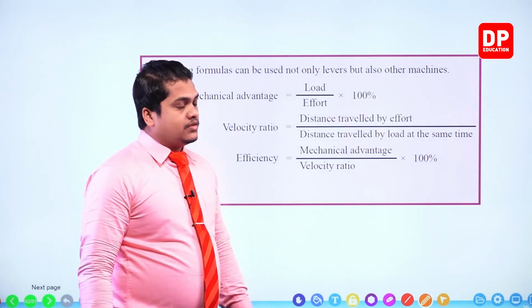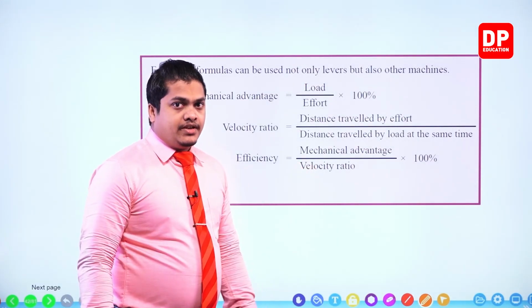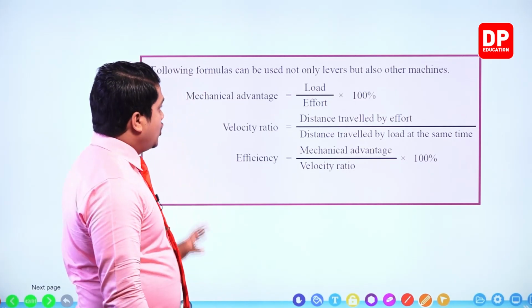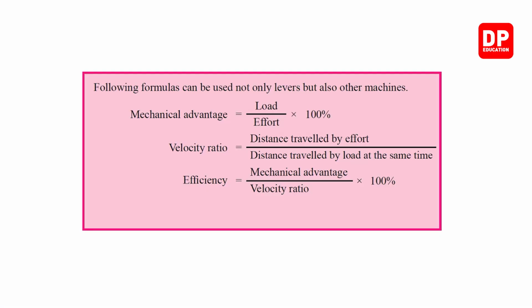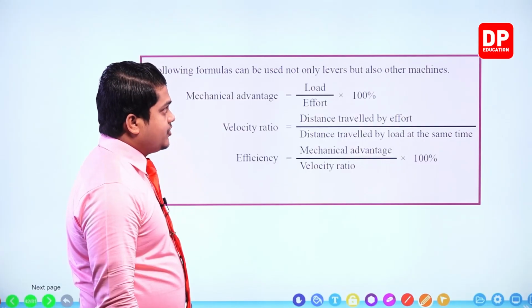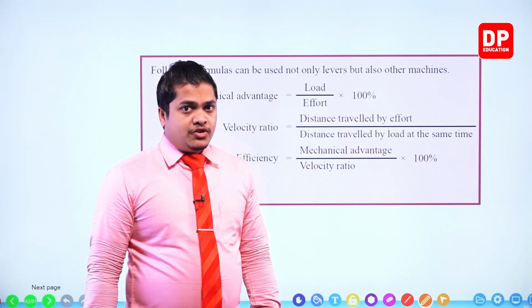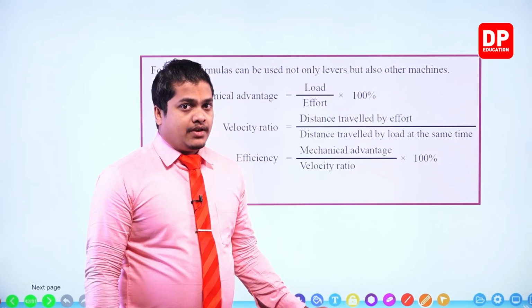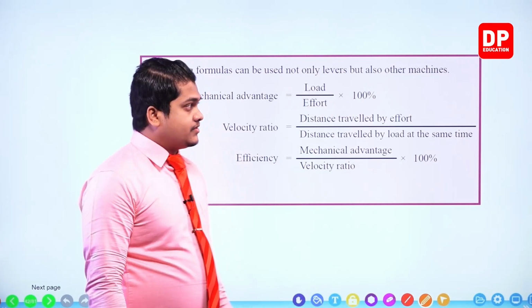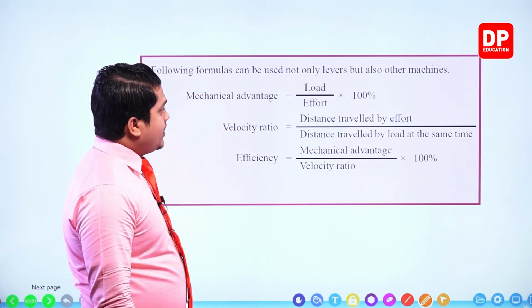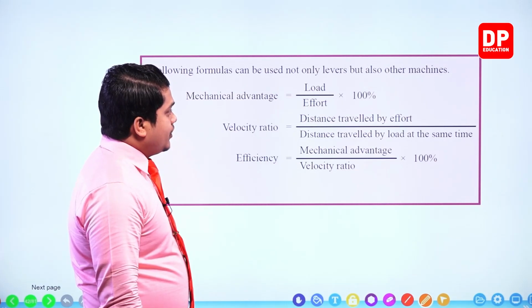A special thing given here regarding all the machines: the following formulas can be used not only for levers but also for other machines. For each and every machine, my dear children, you can apply these formulas. Mechanical advantage is equal to load over effort.